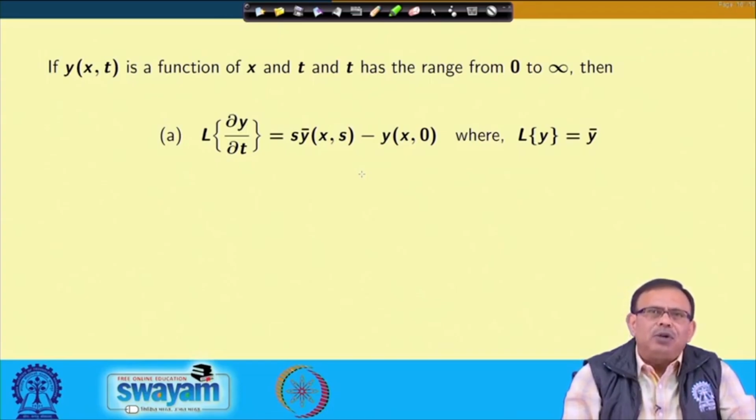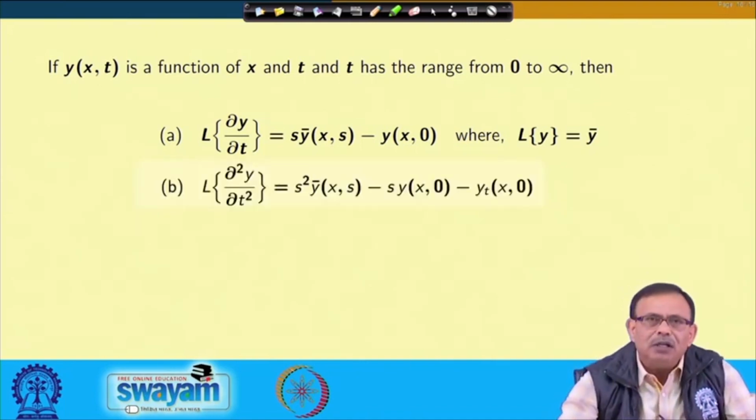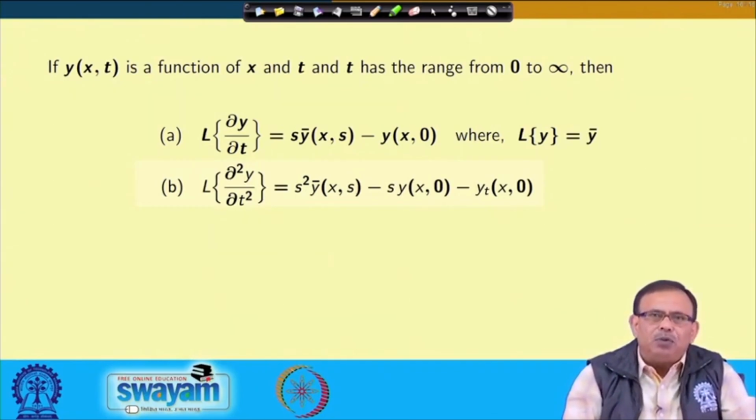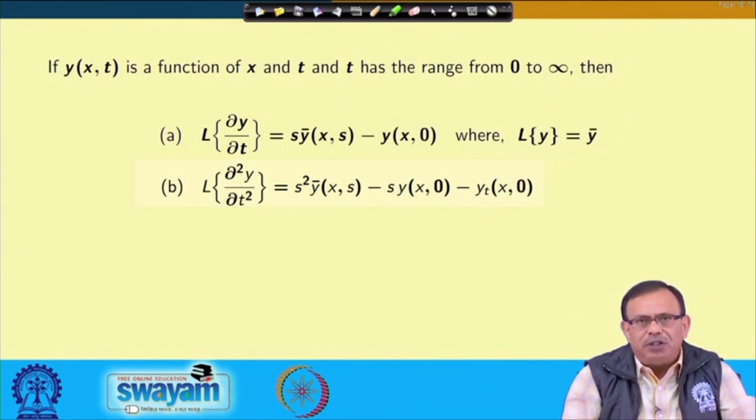At t equals 0, the value of the function should be known to us. Otherwise, I cannot use Laplace transform. Please note this one. Similarly, the Laplace transform of the second order partial derivative, that is, the Laplace transform of ∂²y/∂t² equals s² ȳ(x, s) minus s y(x, 0) minus y_t(x, 0).